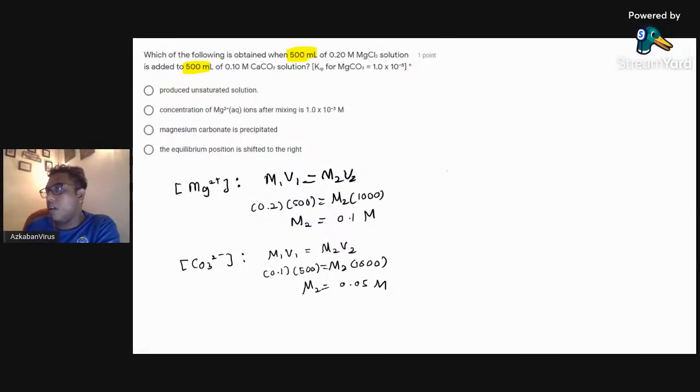Kita tahu bahawa magnesium carbonate dia adalah Mg2 plus tambah CO3 2 minus.